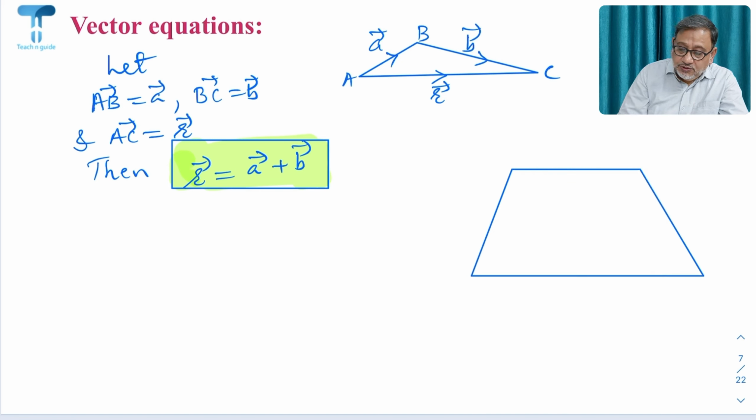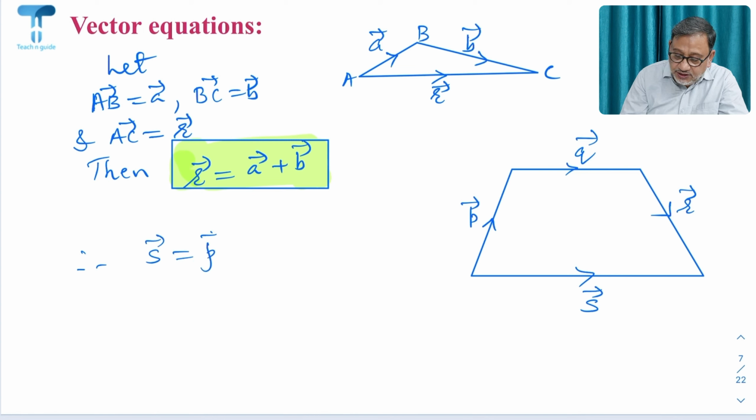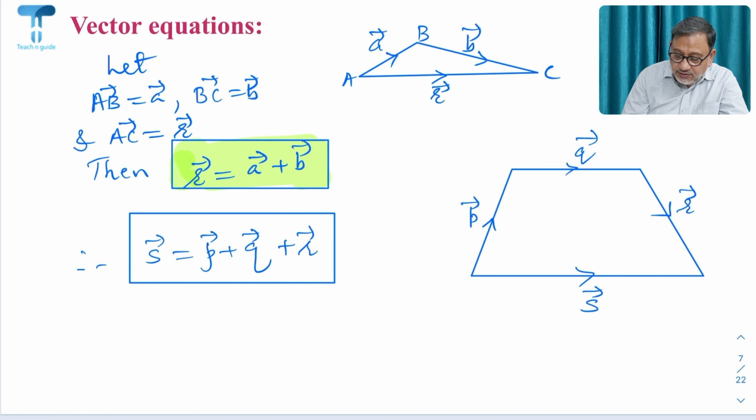Suppose this side is vector P, this is vector Q, with an arrow on it, and vector R, and suppose this is vector S. Therefore I can write, in this closed polygon, vector S is equal to vector P plus vector Q plus vector R. So this is also a vector equation, right? In this way you can write vector equations.